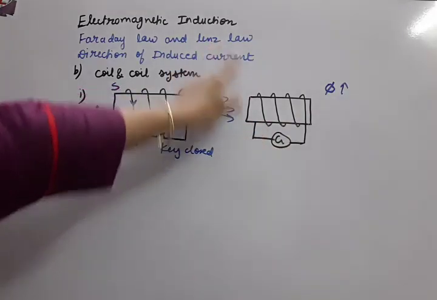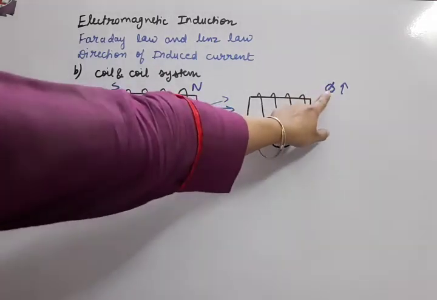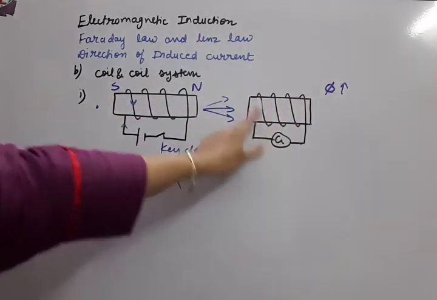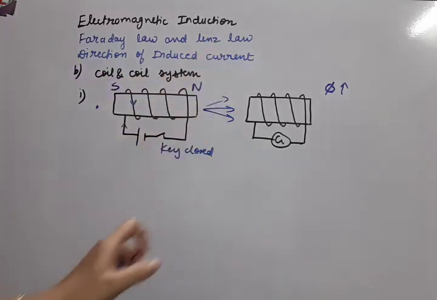Till now we have applied Faraday's law. Change of flux is there, that's why induced current is there. Now the role of Lenz's law starts. Lenz's law says that the direction of induced current is such that it always opposes the cause due to which it is produced.